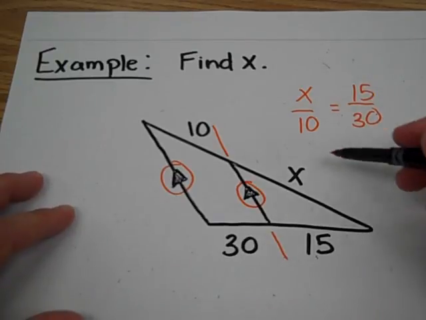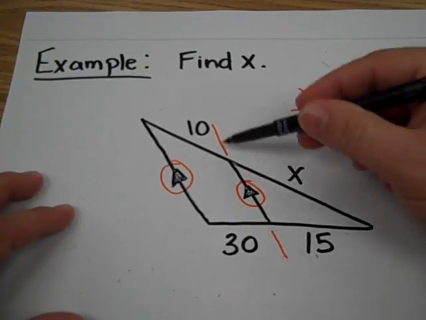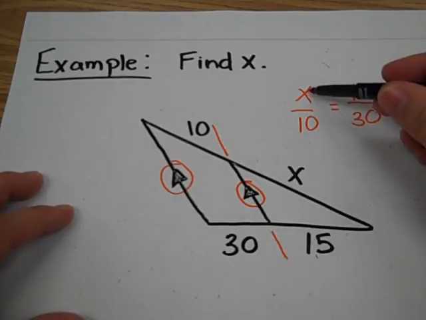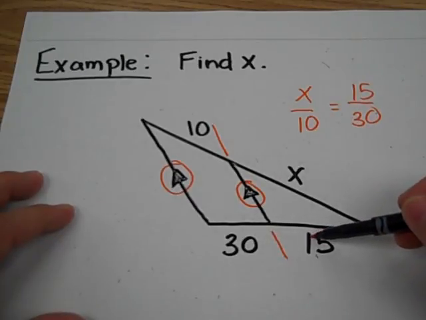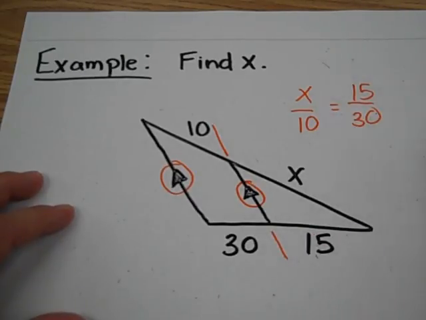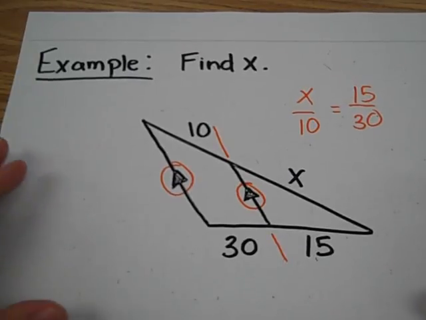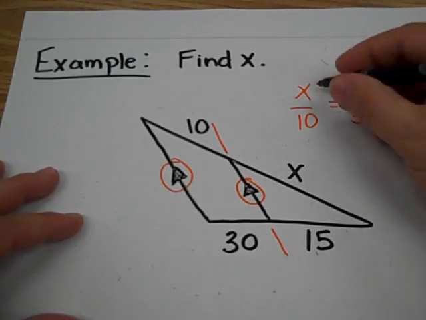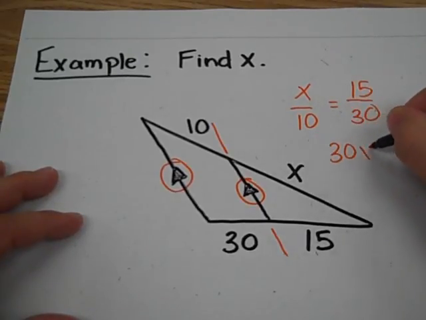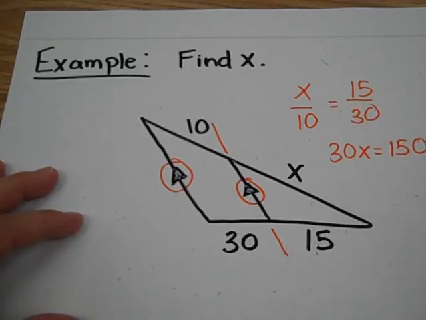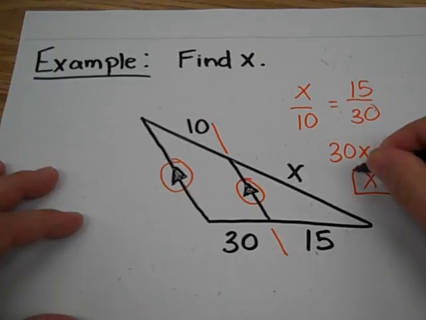And the tricky part here is that I chose x from the right side of this segment to be on top, so I have to have 15 from the right side of this segment to also be on top to make sure that our ratios are actually equal to each other. So I cross multiply, I get 30x equals 150, and I get that x is 5.